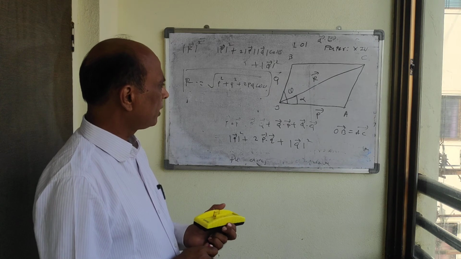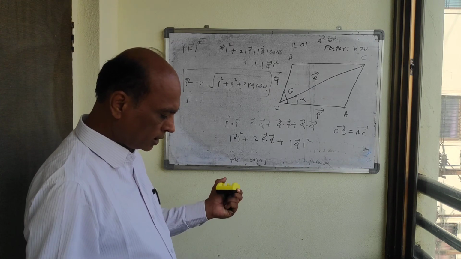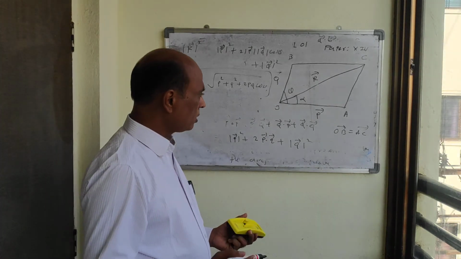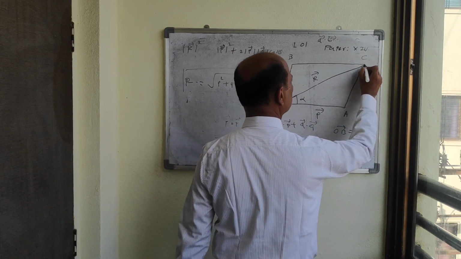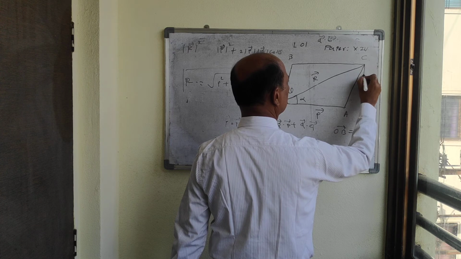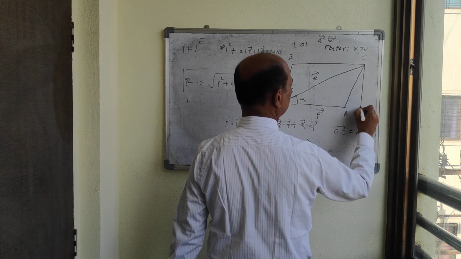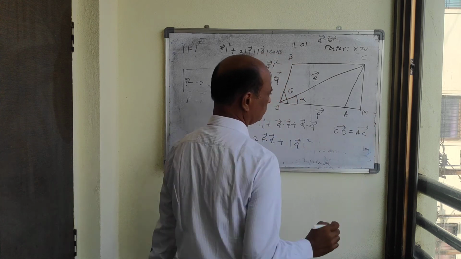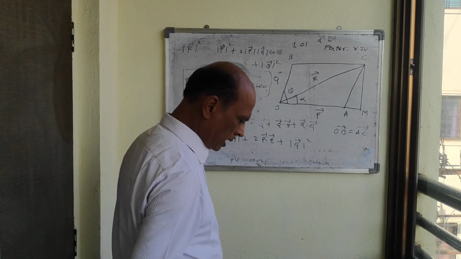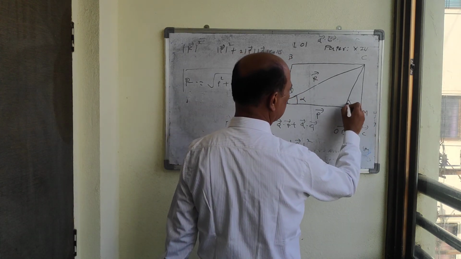Now we have to finally find the direction. Direction means angle. Here we draw a perpendicular CM, and therefore this angle is theta.